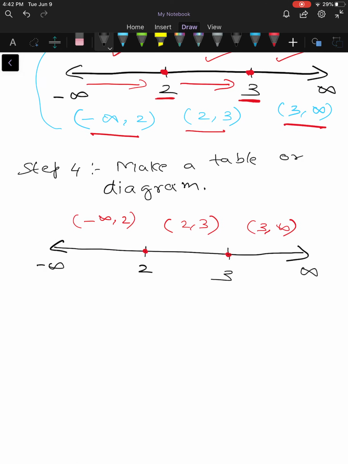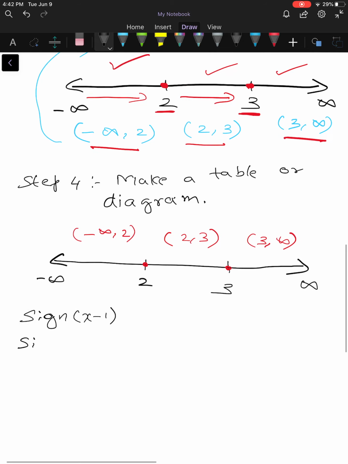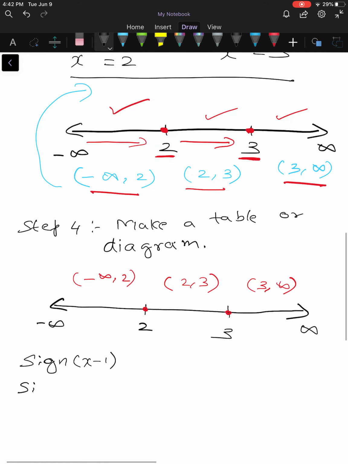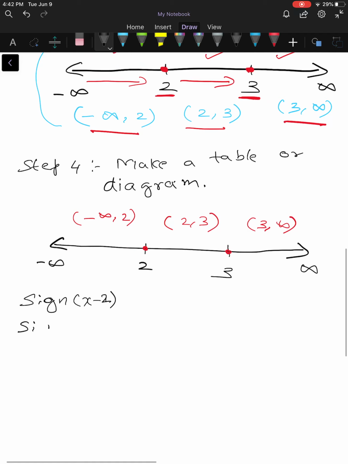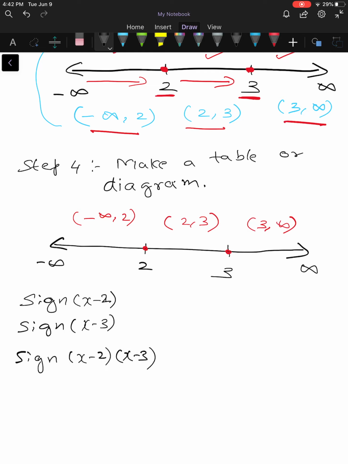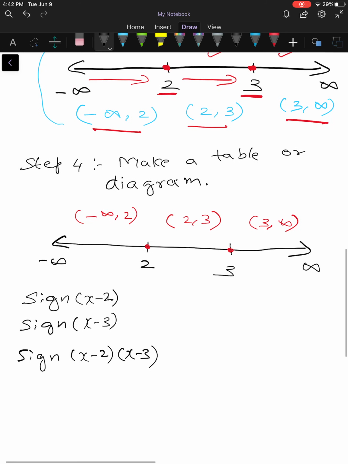For example, we will write the sign of x minus 2, the sign of x minus 3, and the sign of the product x minus 2 times x minus 3. Okay, so trial values, I will tell you how to take the trial values, and signs, you will write down the signs.